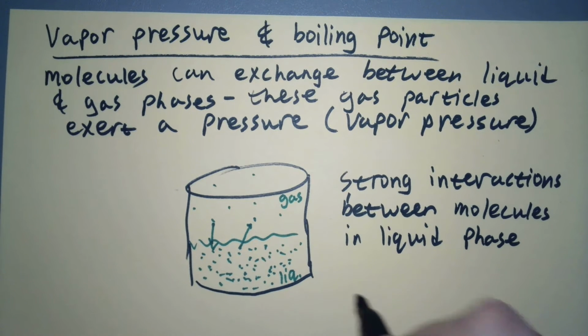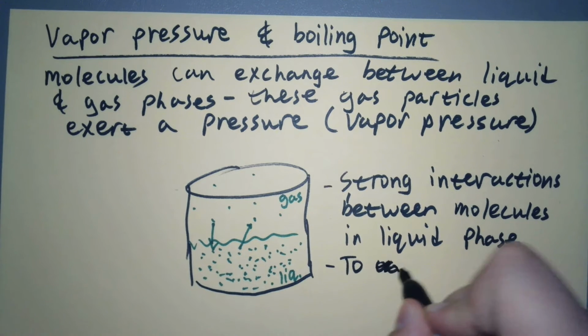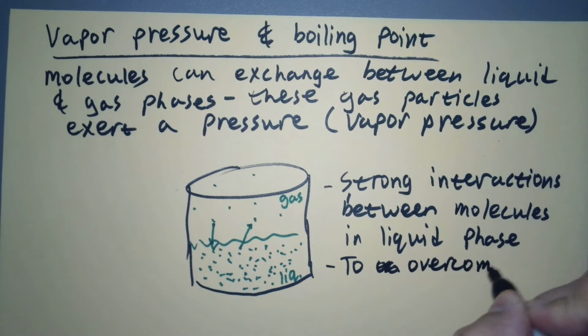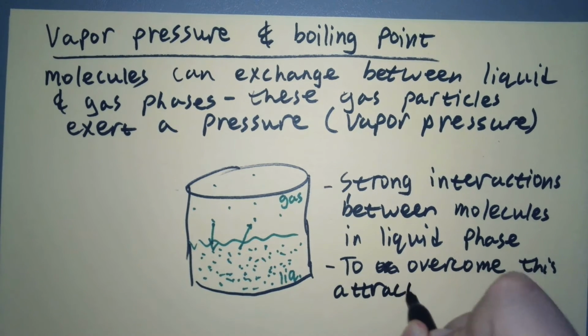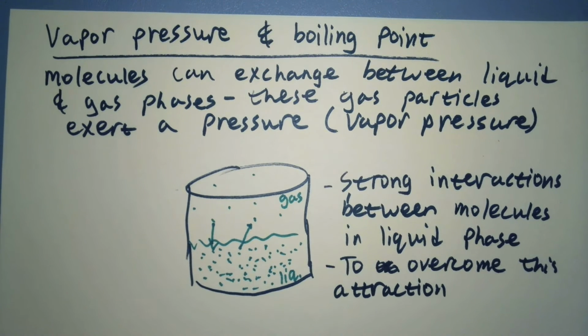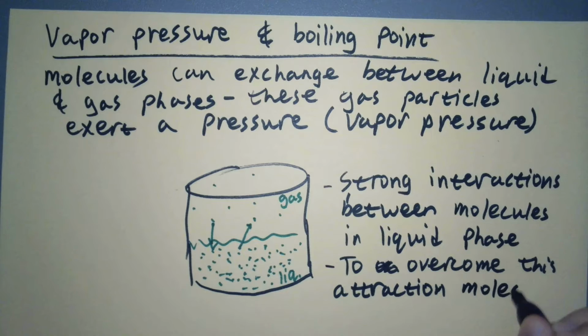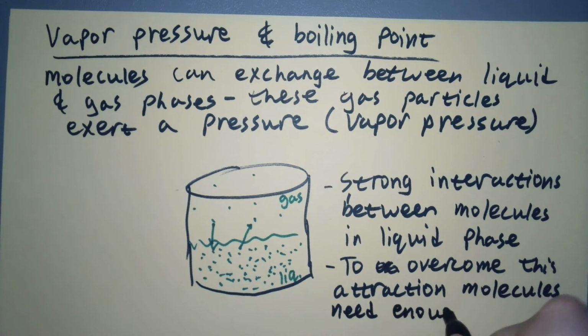So to overcome this attraction, there has to be enough energy to do that. You have to have enough kinetic energy. If they don't have enough kinetic energy, they don't escape.